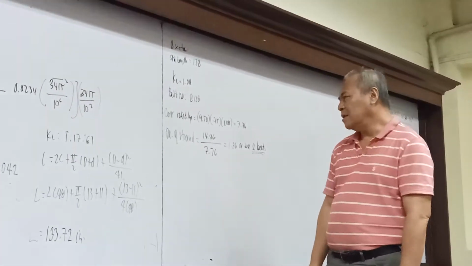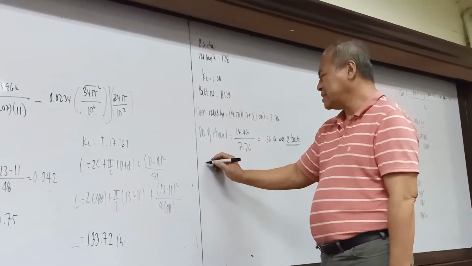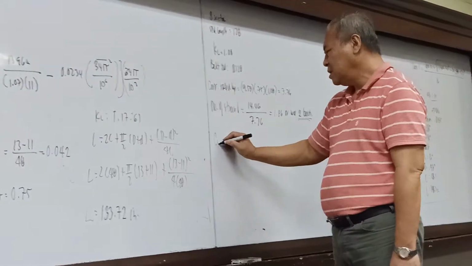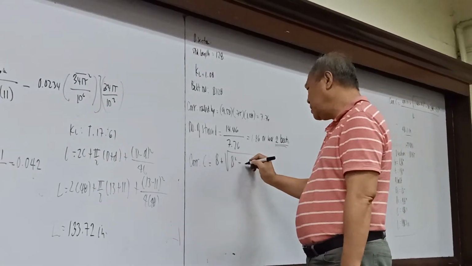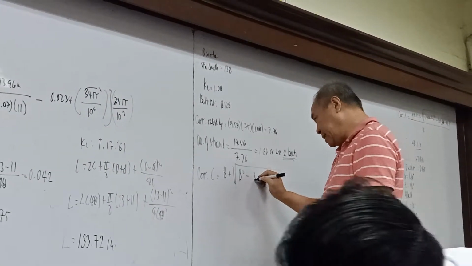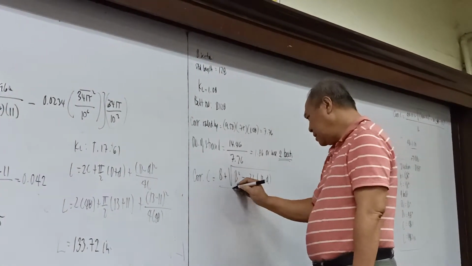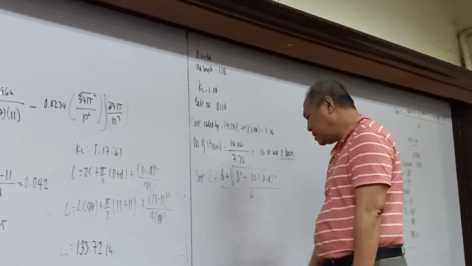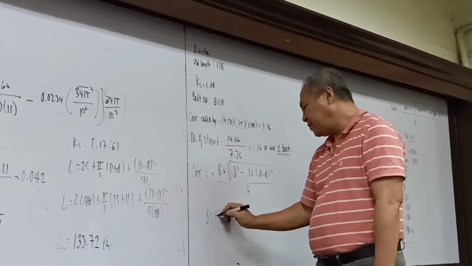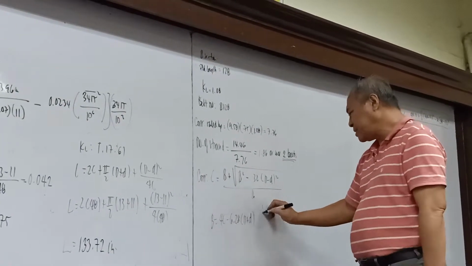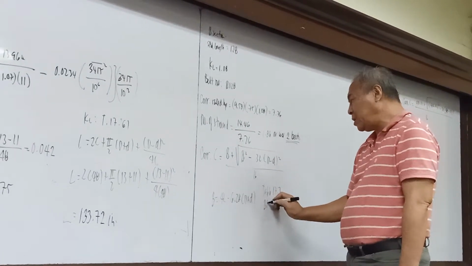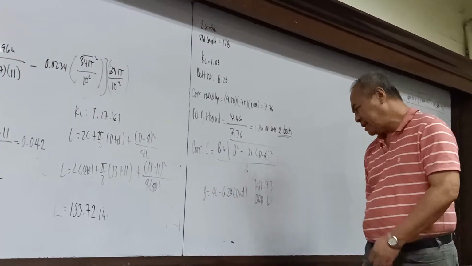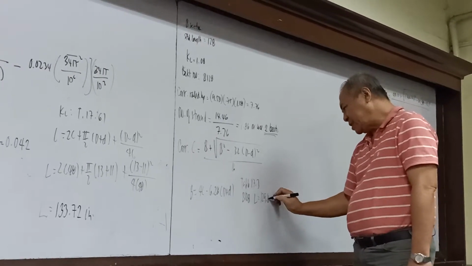Okay? Now, so using this one, therefore it's now the corrected centerline distance. Okay, kunin natin yung corrected centerline distance. So C is B plus square root of B squared minus 32 D minus D squared all over 16. So B natin ay 4L minus 6.28 D plus D. But from table 17.3, using the belt number of B128, ano yung pitch length natin? 129.8 inches.